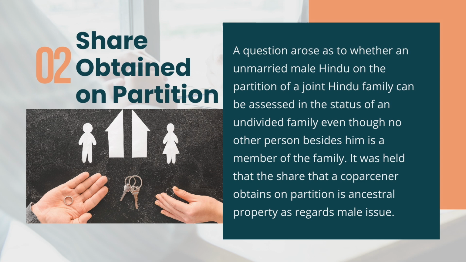A question arose as to whether an unmarried male Hindu on the partition of a joint Hindu family can be assessed in the status of an undivided family, even though no other person besides him is a member of the family. It was held that the share that a co-partner obtains on partition is ancestral property as regards male issue.